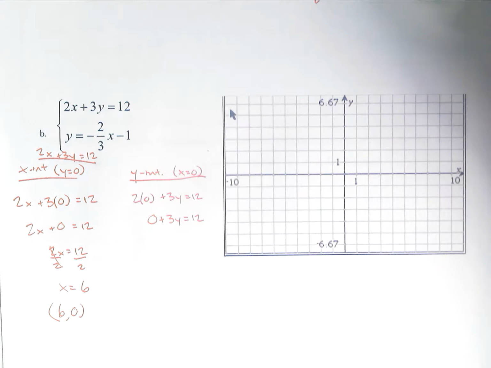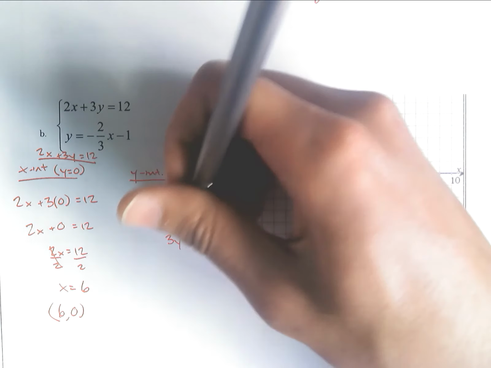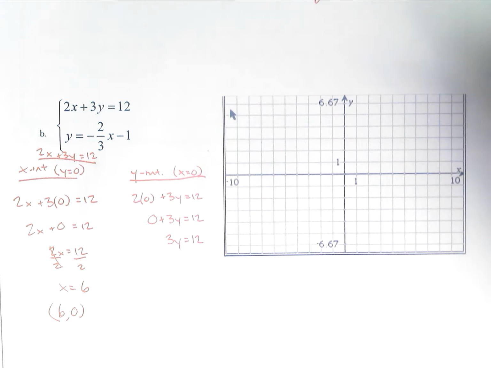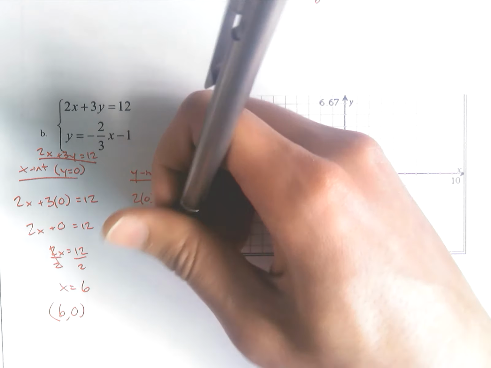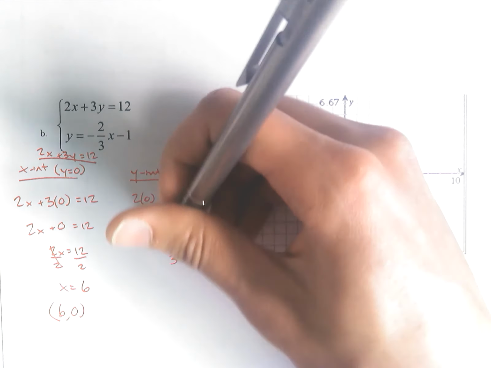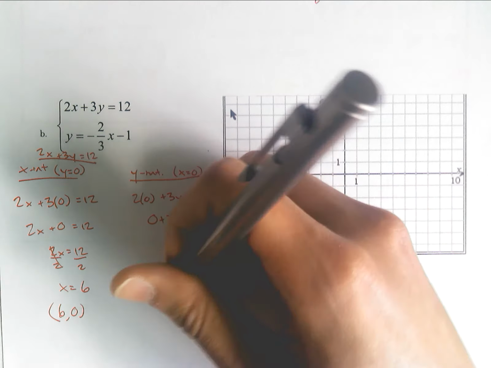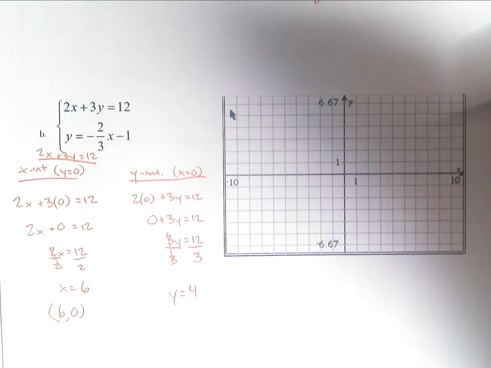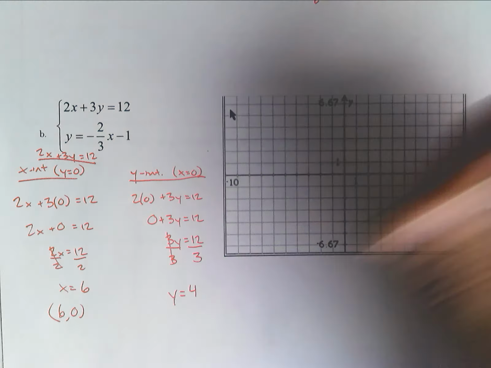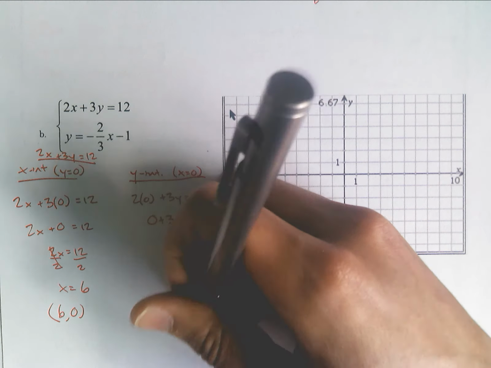Well, 0 plus 3y is just 3y. So 3y equals 12. Last step, we divide both sides by 3. And we have y equals, well, 12 divided by 3 is 4. So our y-intercept as an ordered pair is (0, 4).